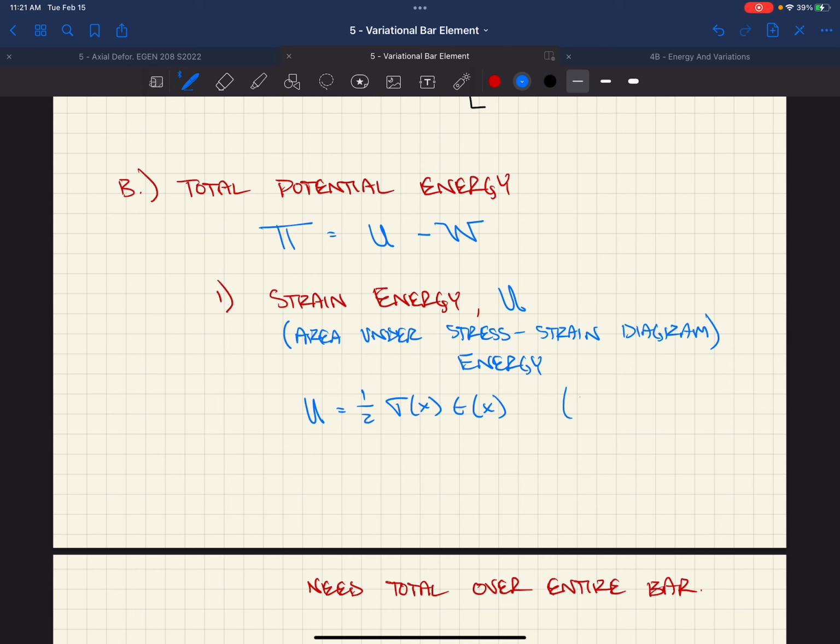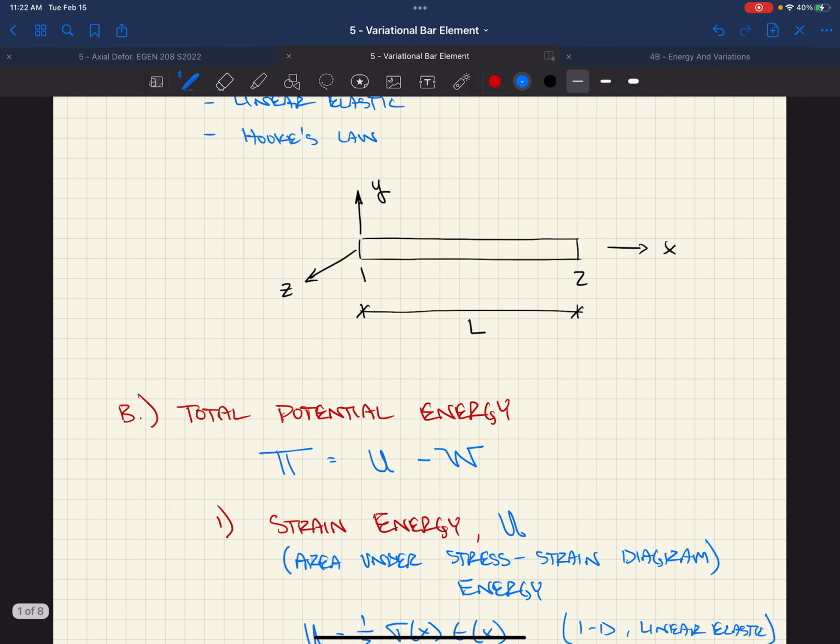So this is our 1D linear elastic strain energy equation, and this is the strain energy at each point in the bar. At every point along this bar, if we were to apply external forces at, say, nodes 1 and 2.